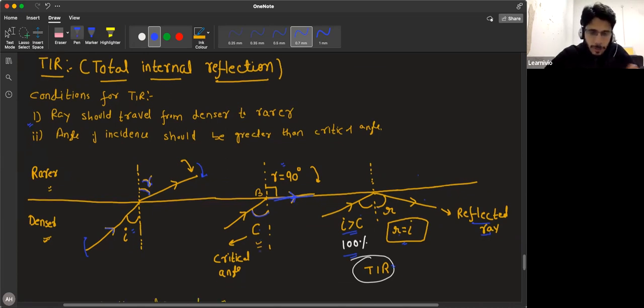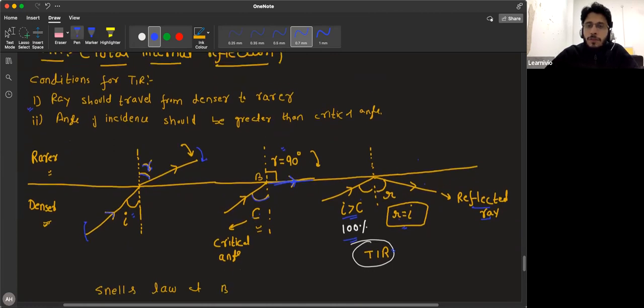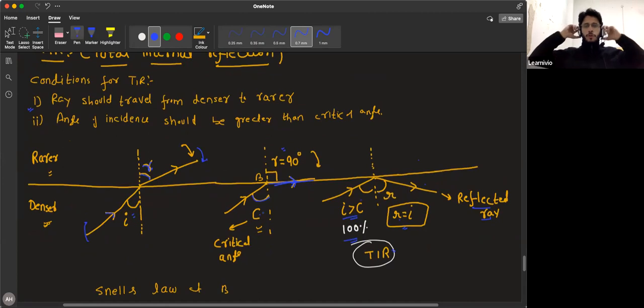Now, in the mathematical part, we can calculate the critical angle. So we'll be applying Snell's law here over this point. So for critical angle, we apply Snell's law. Omar, would you apply Snell's law over point B? Omar, just apply Snell's law here in product form.